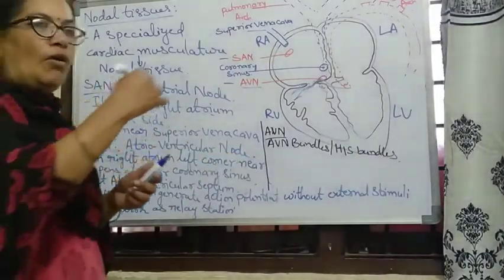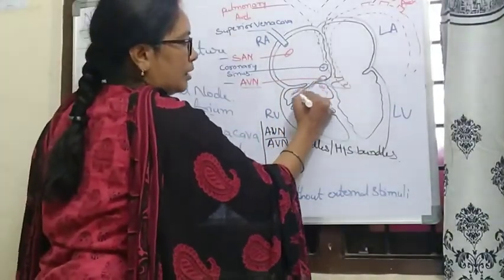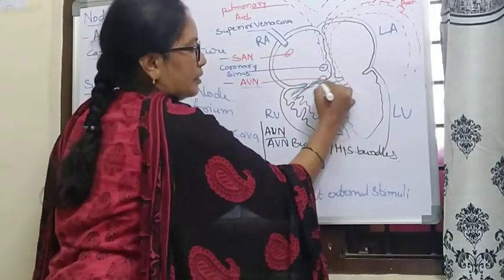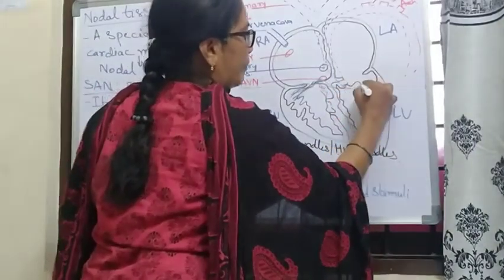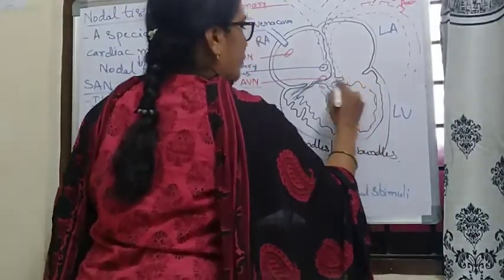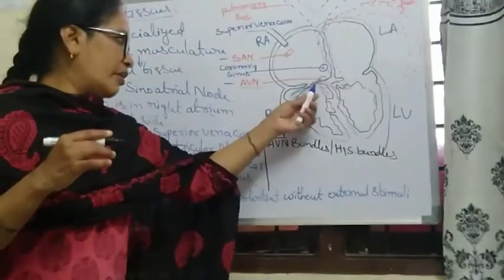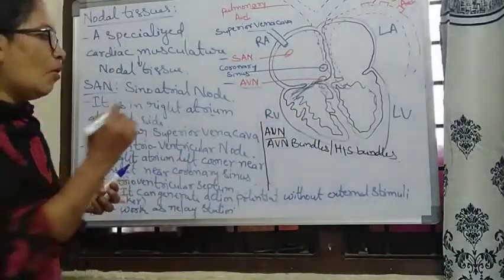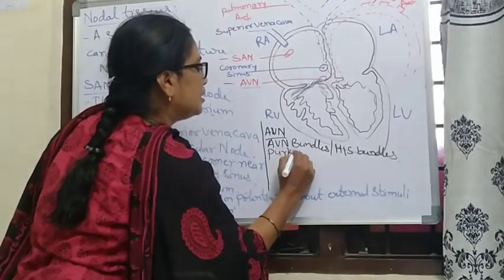They give more fibers and send the fibers to the ventricles. The fibers form many fibers and enter into the ventricles, left and right. They are called Purkinje fibers. What are they? Purkinje fibers.